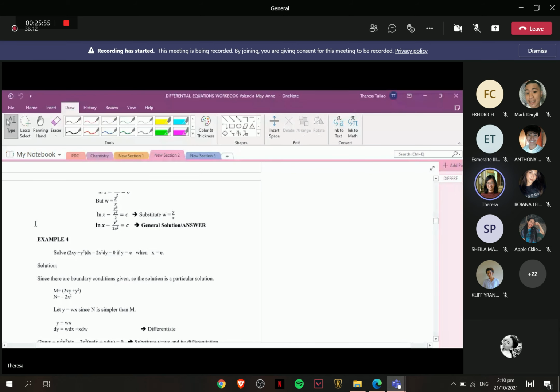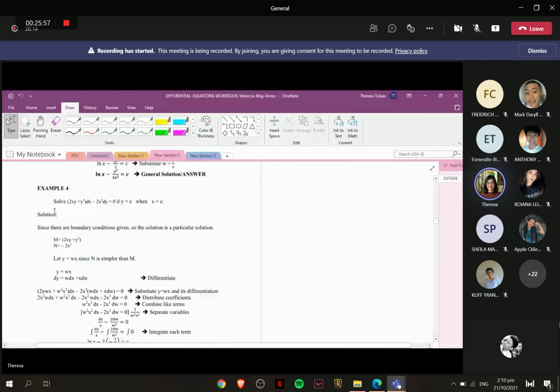Okay. In example 4, this is now calling for an exact solution, no? Since meron siyang given condition that y is equal to e and x is equal to e.